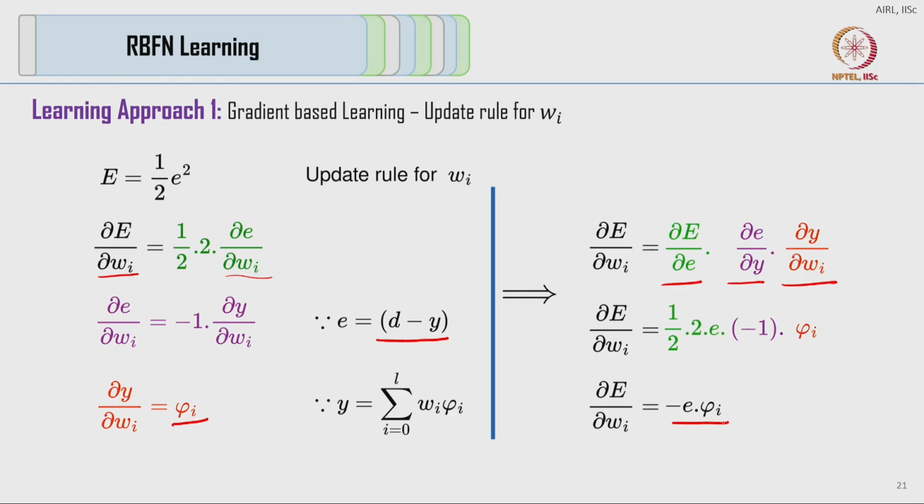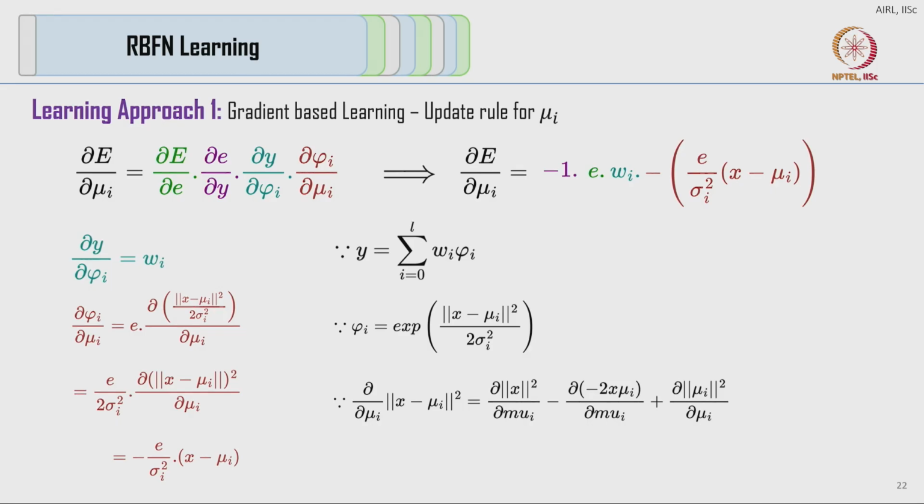Minus e into phi i. That is the change in weight that I could have. So what is the new weight? Wi is nothing but the old weight plus eta times e into phi i. This eta is nothing but the learning rate. Negative gradients will take it, right? That is why it just becomes plus eta into e into phi i. Now in the same way I can do it for the center mu i, right?